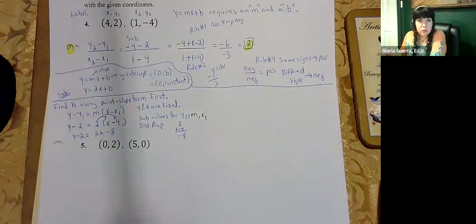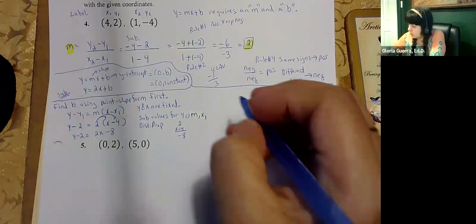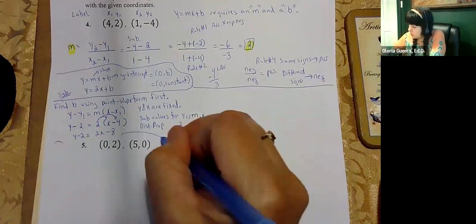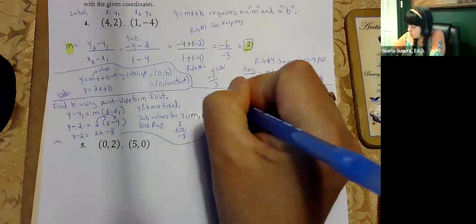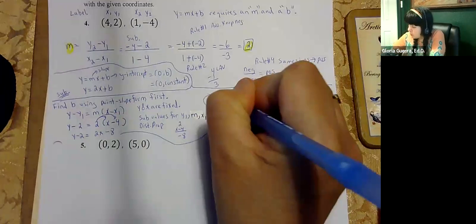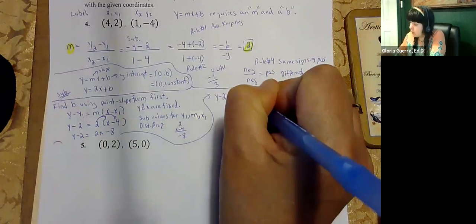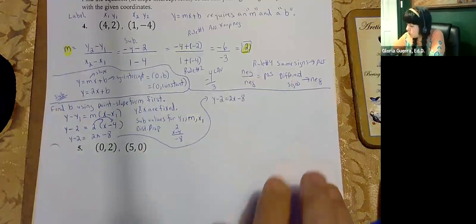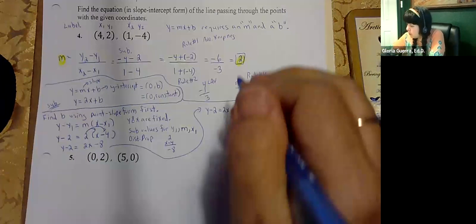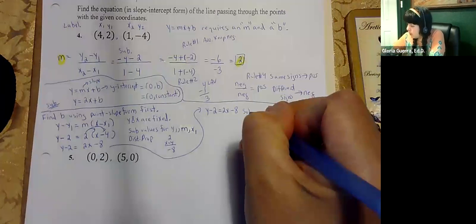So you have y minus 2 equals 2x minus 8. All right. Now what we're going to do is solve for y.